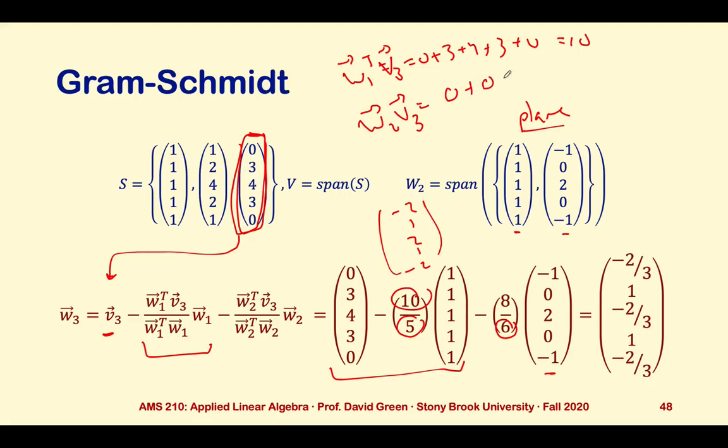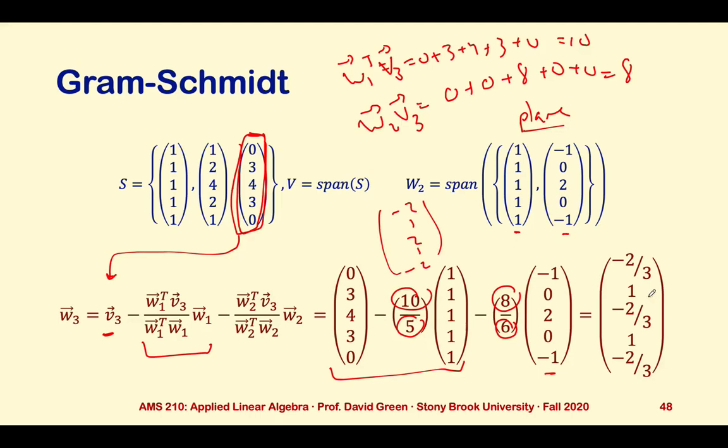Plus 4 times 2 is 8. Plus 3 times 0 is 0. Plus 0 times negative 1 is 0. The total is 8. 8 over 6, or 4/3. So to get our final result, negative 2 plus 4/3 is negative 2/3.